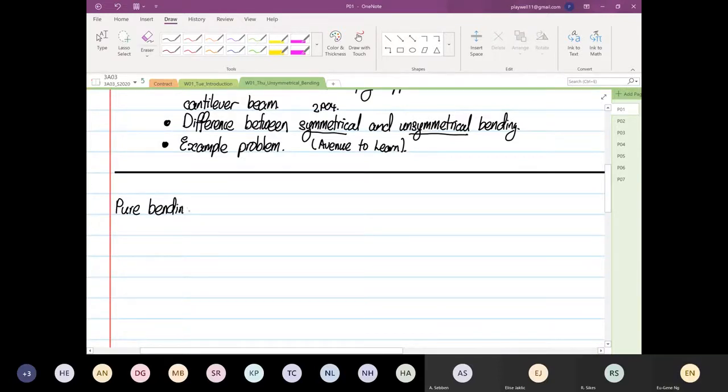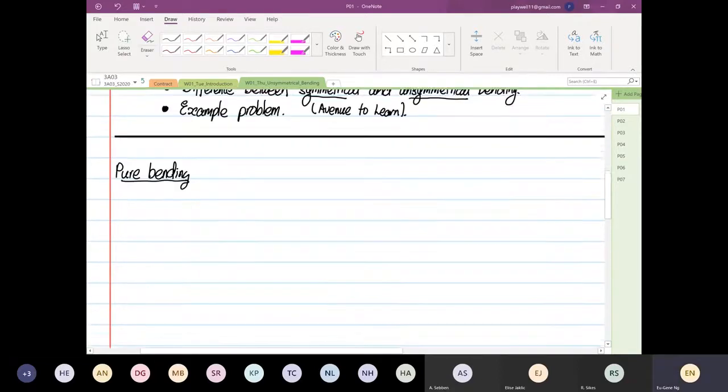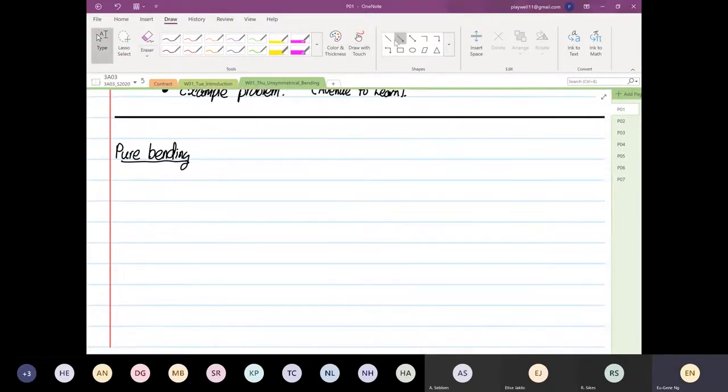Now, if we were to have a cantilever beam, sorry, a simply supported beam, this is our simply supported beam. One end we have as a pin, the other end we have as a roller.